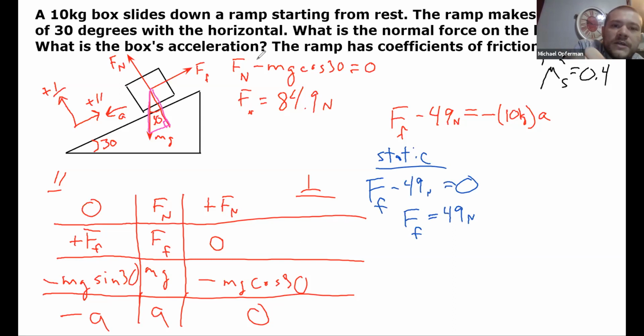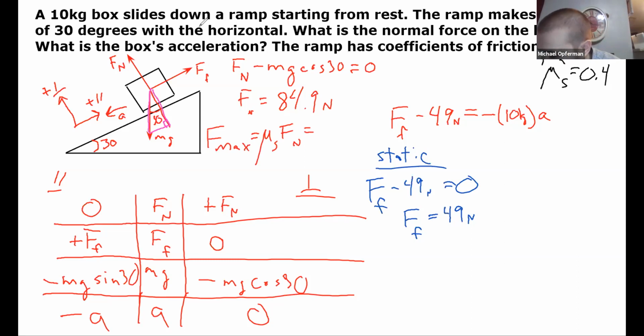Now I also need to know F max. Let me switch pen colors again because F max actually doesn't depend on my assumption. F max, I'll write over here, is mu sub s times normal force. So that's 0.4 times 84.9.